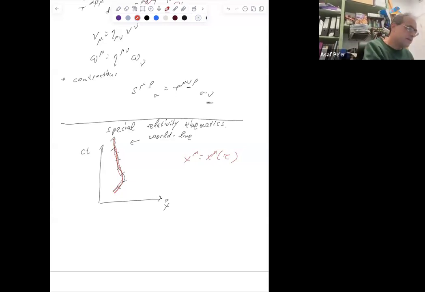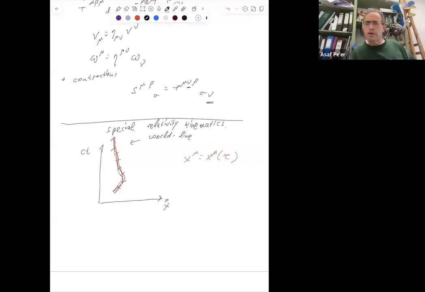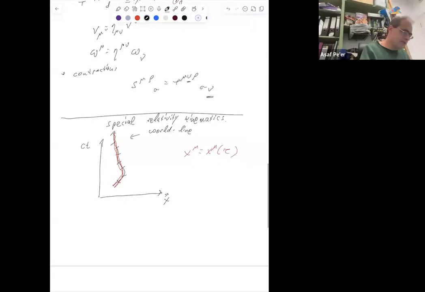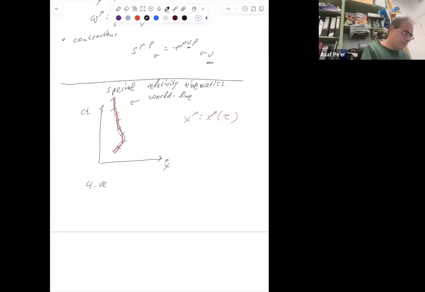Having that, it's straightforward to define other four-vectors relevant for physics. Now I switch gears from talking purely about math to talking about physics. So now I can take the derivative with respect to tau, and I can define the four-velocity, U mu is dx mu over d tau.